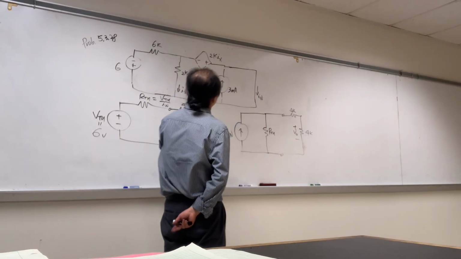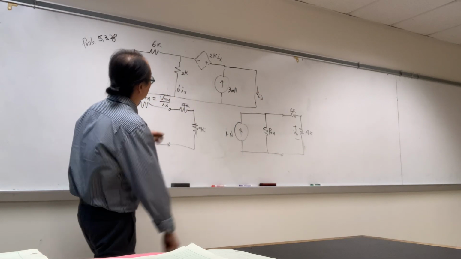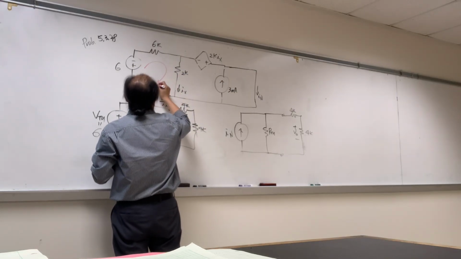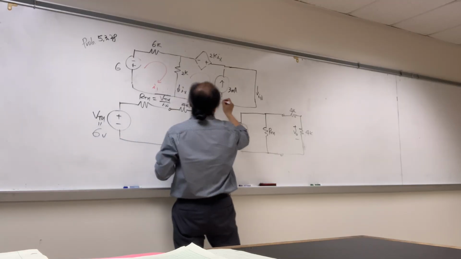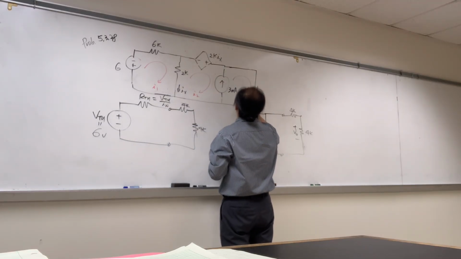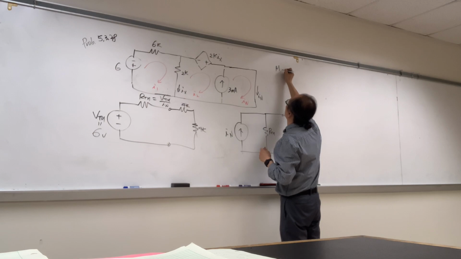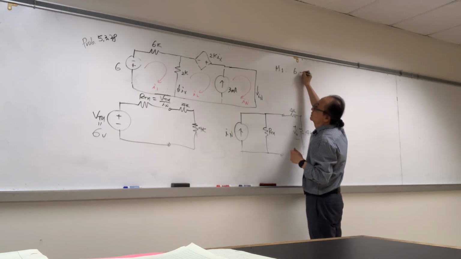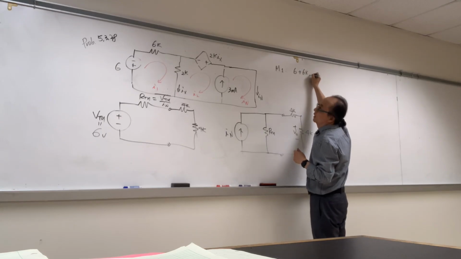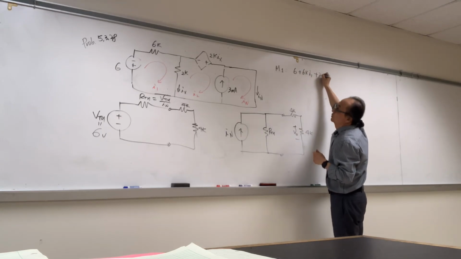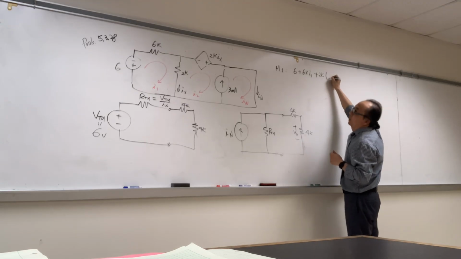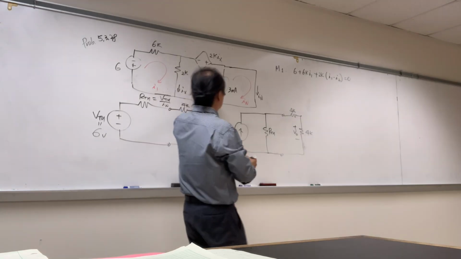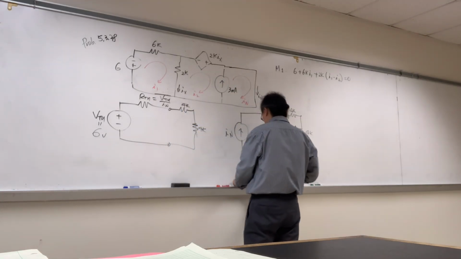Super mesh. Okay, we can do super mesh. So the mesh analysis: it's going to be I sub 1, I sub 2, and this is I sub n. First of all, mesh 1: positive 6 plus 6K I sub 1 plus 2K times I sub 1 minus I sub 2 equals 0. Now we need to do the super mesh.